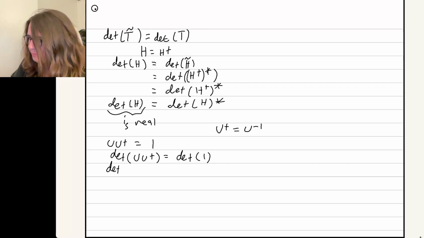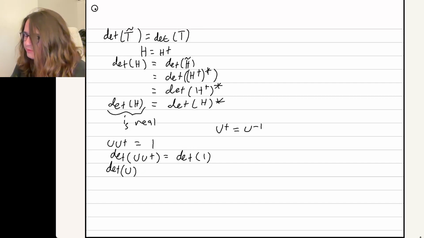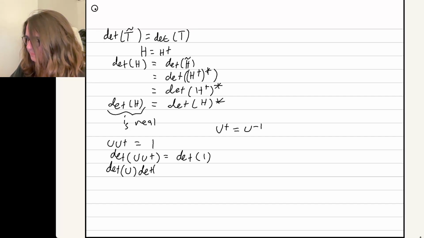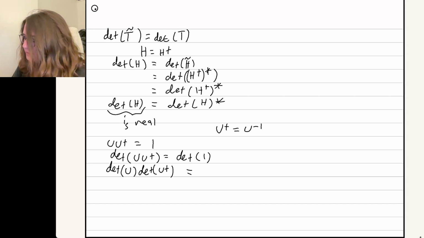We can separate determinants actually. So the determinant of two matrices multiplied together is equivalent to the determinants multiplied together. Yeah, that's what I'm trying to say. And the determinant of the identity matrix is 1.